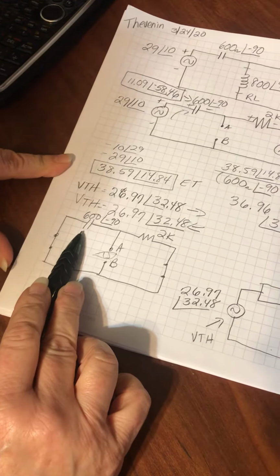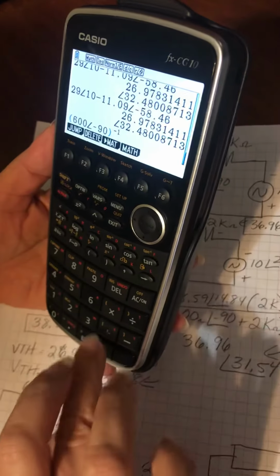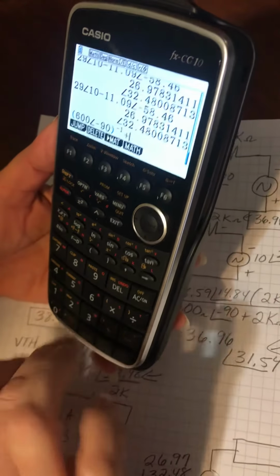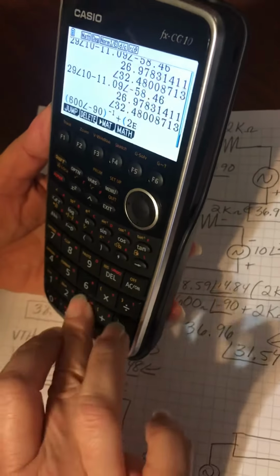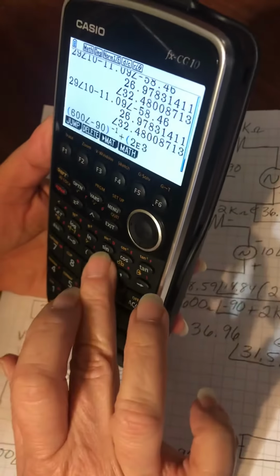So open parentheses, 600 at an angle of negative 90. Close, shift reciprocal. That basically just puts it 1 divided by plus 2K. Do we really need to put this in parentheses? No, I just like to do it.